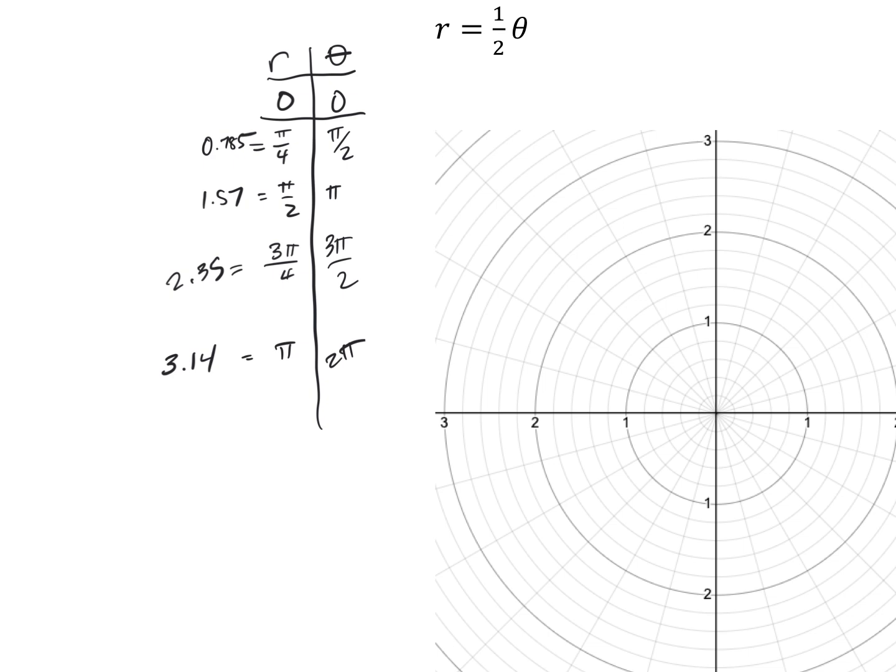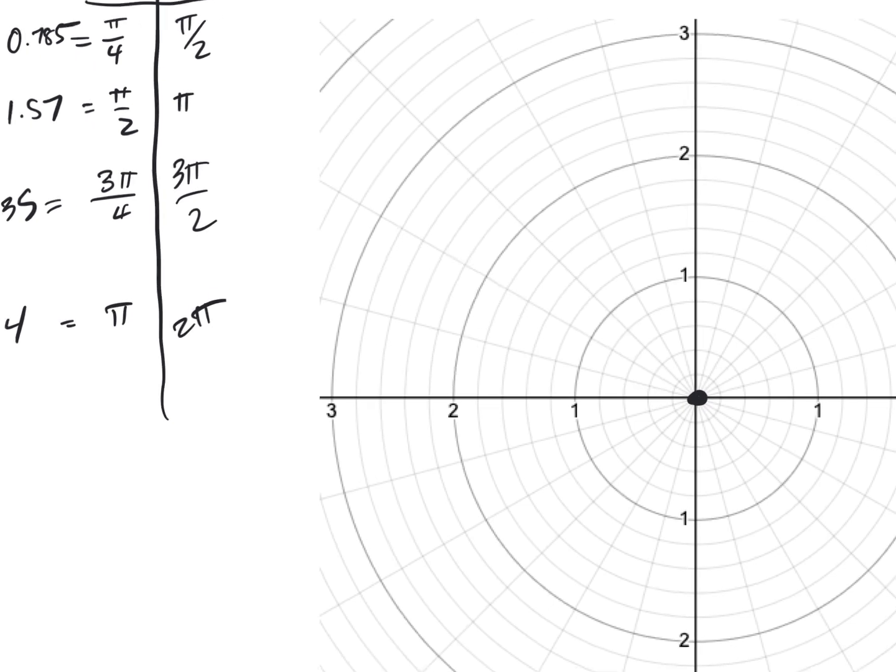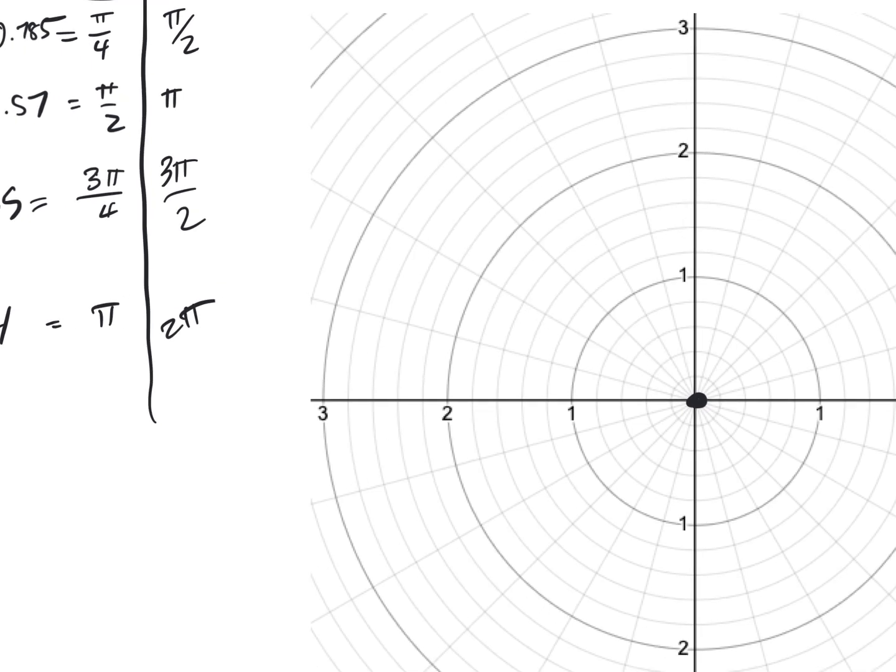How are we feeling, okay? All right, so let's graph that. 0, 0. 0.785, pi over 2.